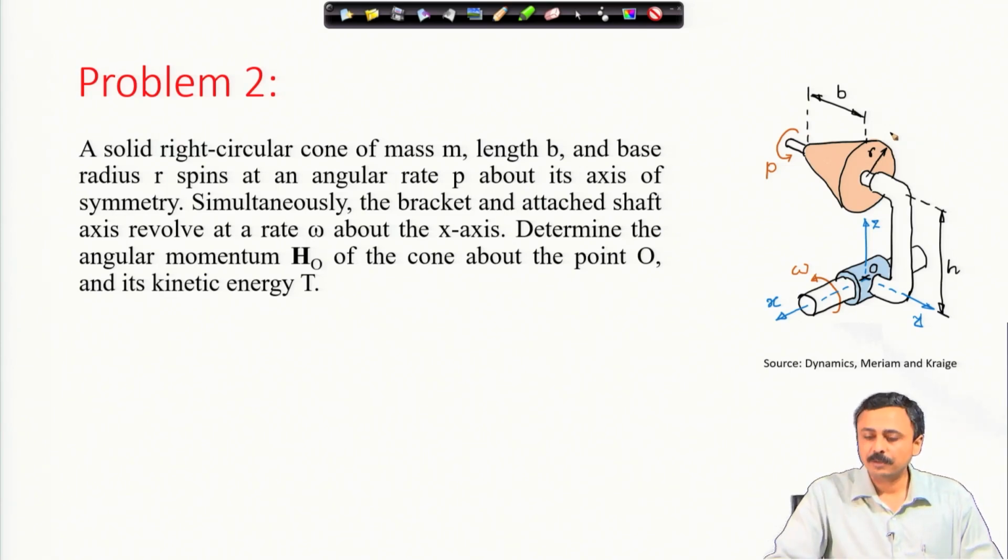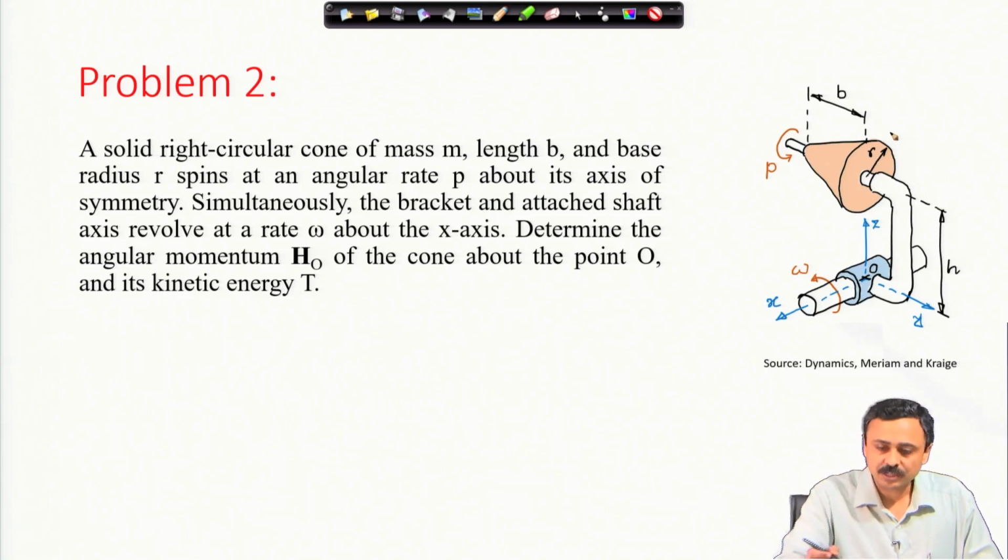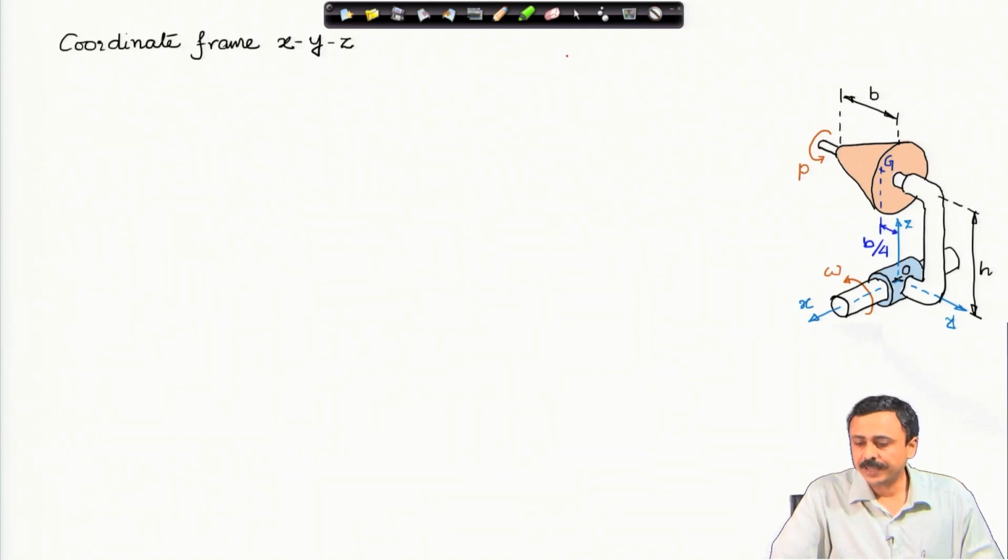This is again a problem from Meriam and Kraige's book of dynamics. We have to calculate the angular momentum of this cone about O and the kinetic energy. Again, we will use that shifting result for angular momentum. We will take the coordinate system x, y, z that has been shown already in this figure, and this frame is rotating with the arm, the arm on which the cone is mounted.